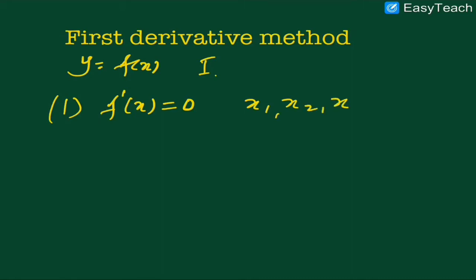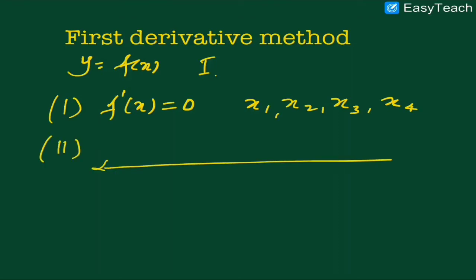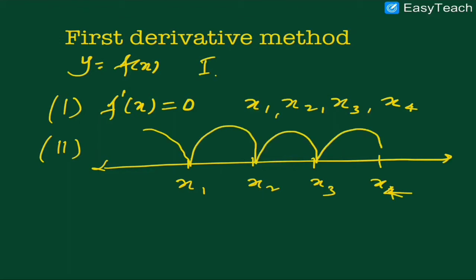Suppose these are x1, x2, x3 and x4. In the second step, divide the real number line into subintervals at the points x1, x2, x3 and x4, like that.